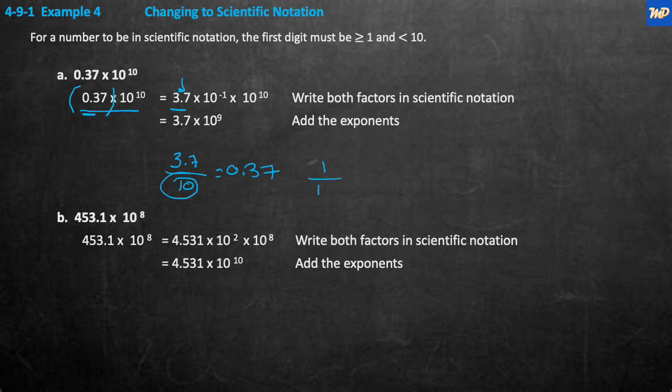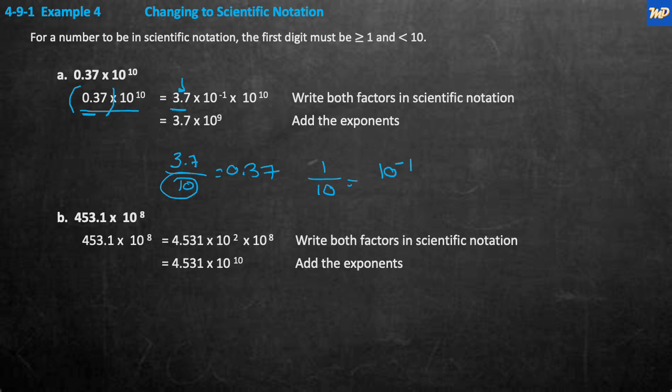So this divide by 10 right here is really 1 over 10. And we also know from an earlier slide that 1 over 10 is the same as 10 to the minus 1. So up here, 3.7 is where we want to be. We came from 0.37. In order to get there, we had to divide by 10, and that's 10 to the minus 1, as I showed you down here. And then you multiply the entire thing by 10 to the 10th.